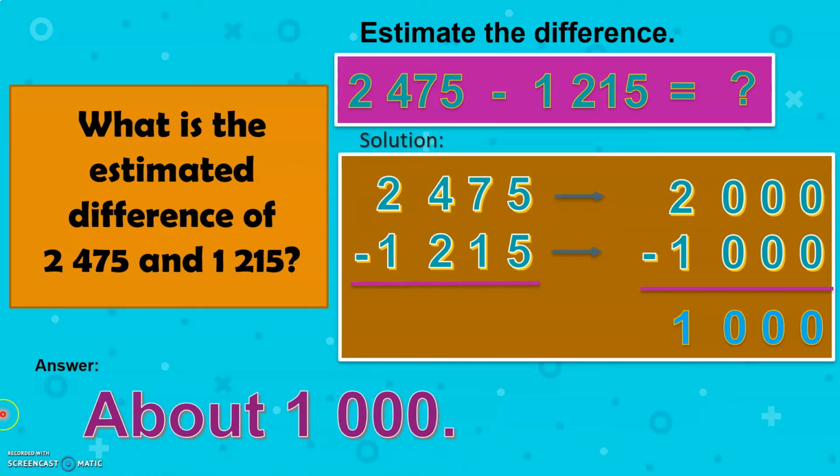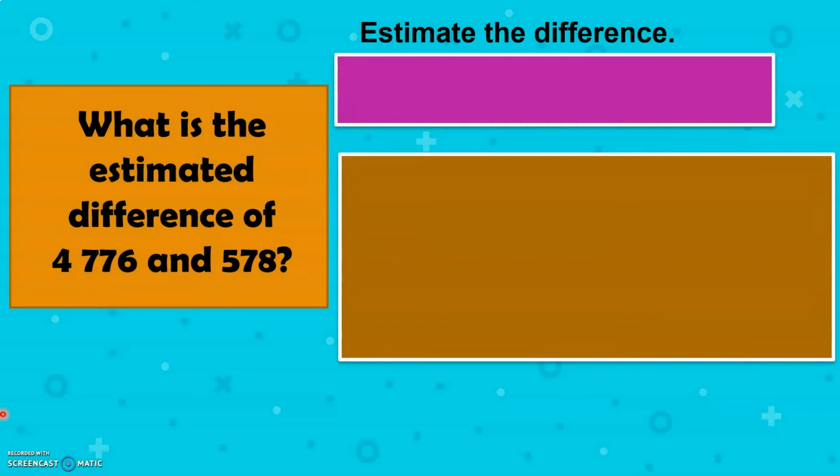Okay? So another example. What is the estimated difference of 4,776 and 578? So our equation will be 4,776 minus 578 is equal to blank.